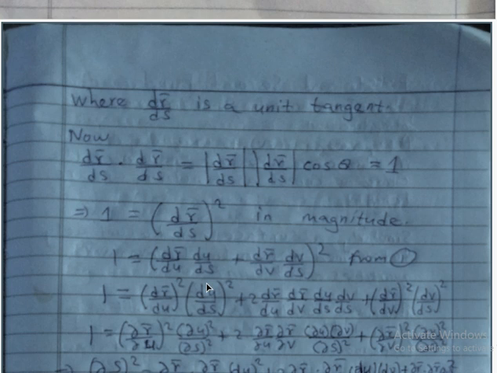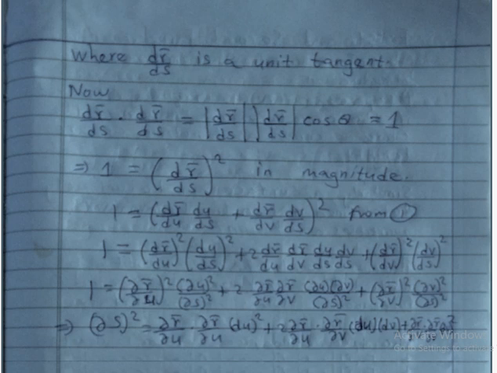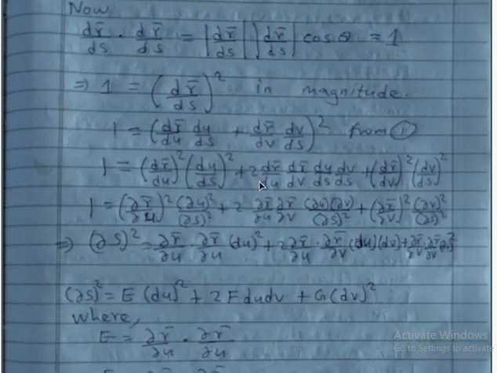So we square whatever is inside the bracket. When we square, we are going to have 1 is the same as the square of dr/du times du/ds, plus twice dr/du times dr/dv times du/ds times dv/ds, plus the square of dr/dv times the square of dv/ds.